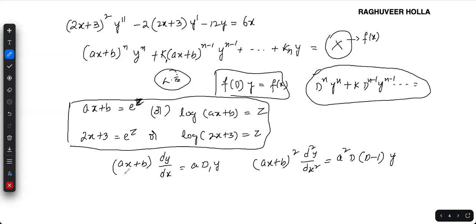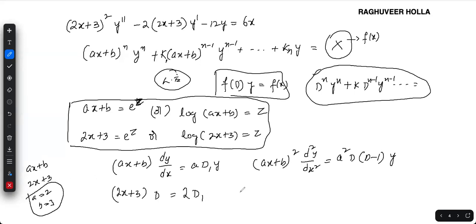So corresponding to that, we have 2x plus 3. I'll not take y, which is common on both sides. So here a is 2 and b is 3. So this is 2D1.